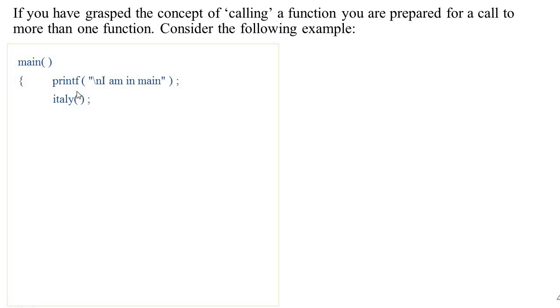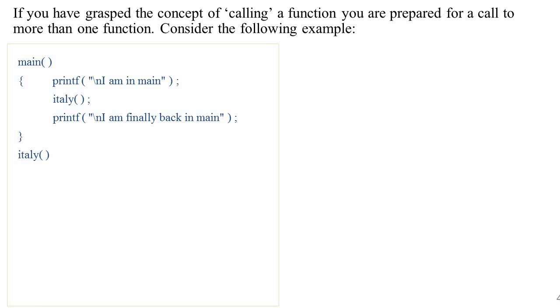Inside this main method, what is written? A printf statement. Now you can recognize whether it is a function definition or a function call. It is a function call. Why? Because there is the function name followed by parenthesis and a semicolon, there are no braces. After that there is another statement. So this is the main method.